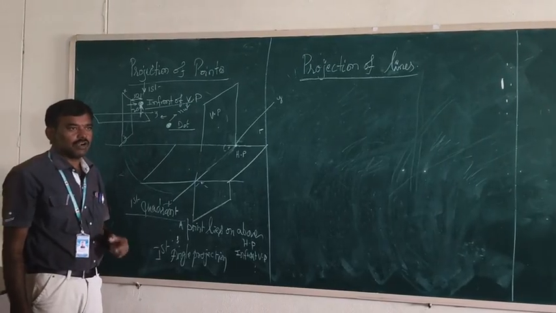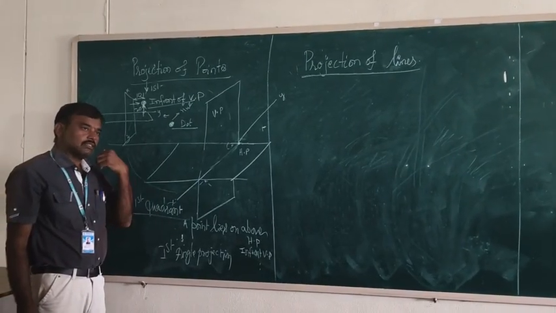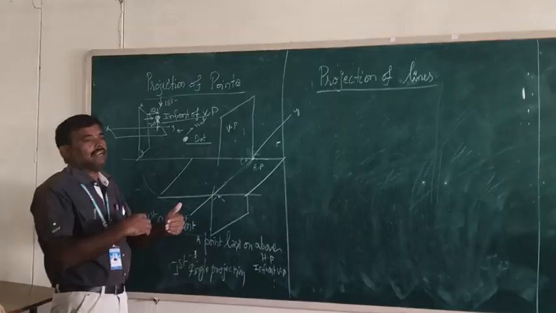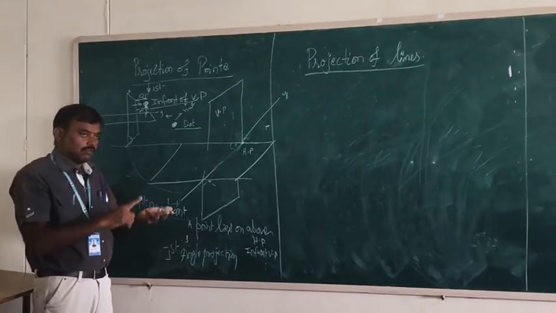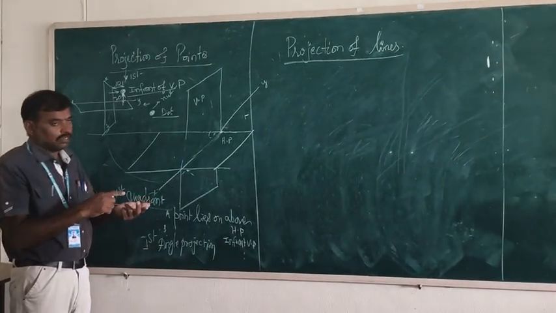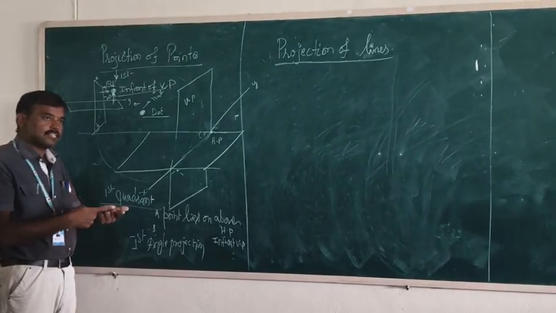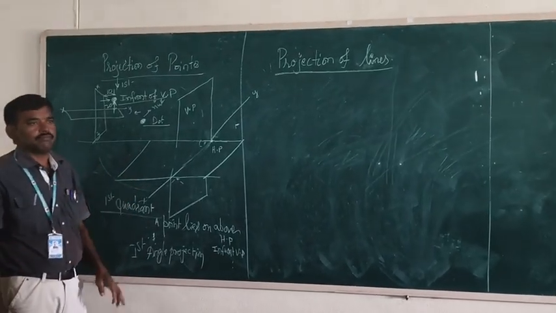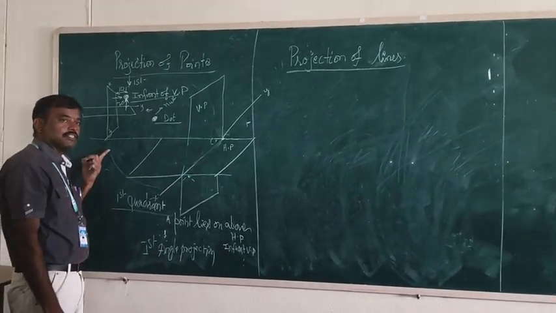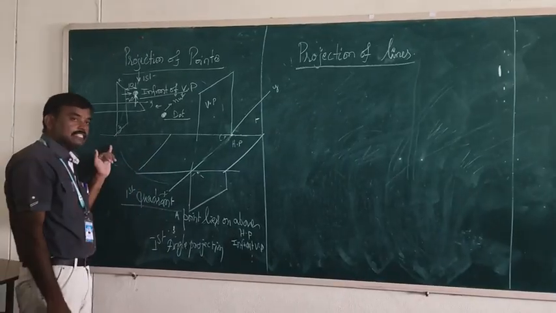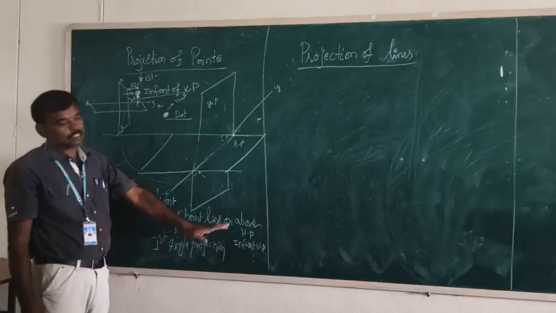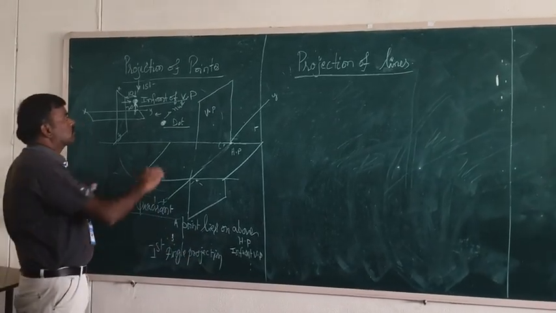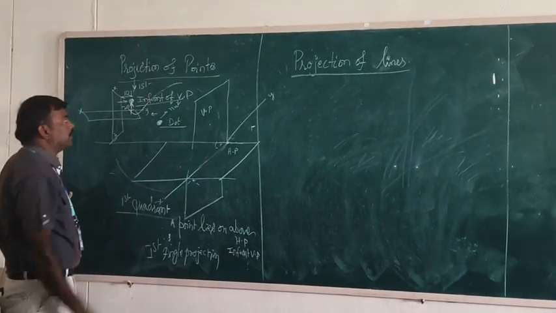Are you understanding what I am saying? These three run in parallel for any diagram, like planes, solids, auxiliary views, isometric views. Without this XY reference line you can't do it; only with this reference line can you explain all these things. You getting or not? So we completed this first quadrant.